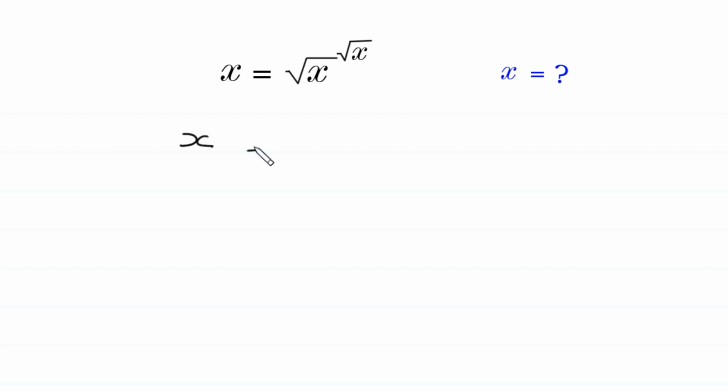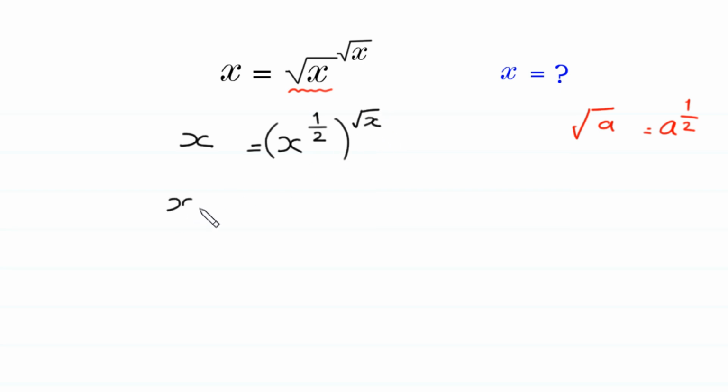x is equal to, according to this property, square root of a is equal to a to the power 1 over 2. We can write this square root of x as x to the power 1 over 2, whole to the power square root of x.